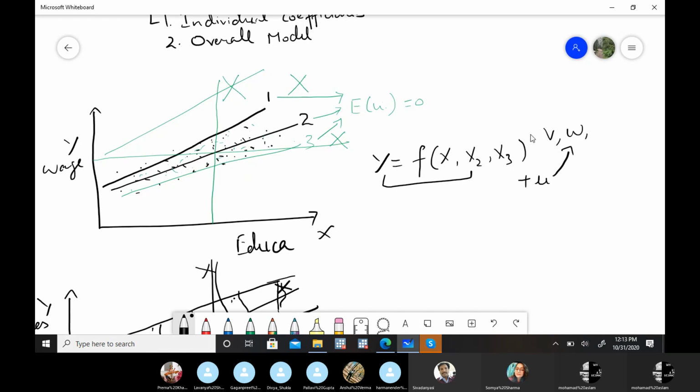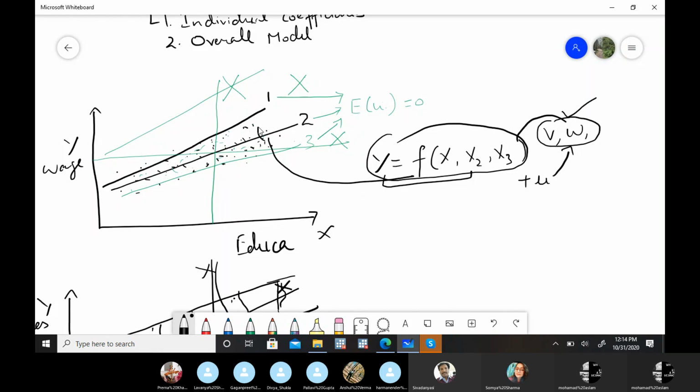Now, while you think about these assumptions, you have to make a connection between this relationship and all these other variables. In the econometric models, the fluctuations from the regression line are not because of these variables but because of other unknown variables.